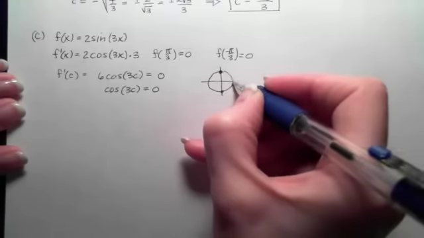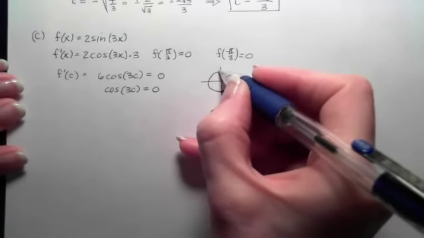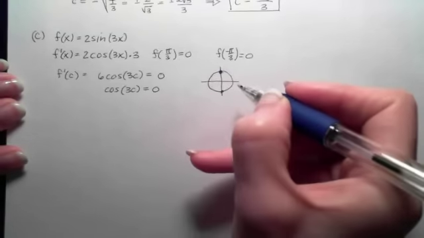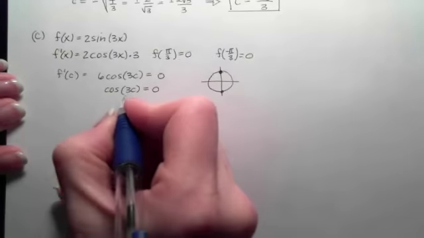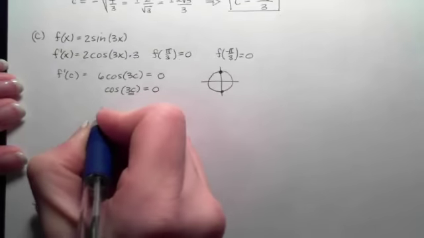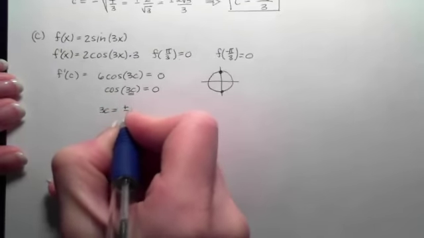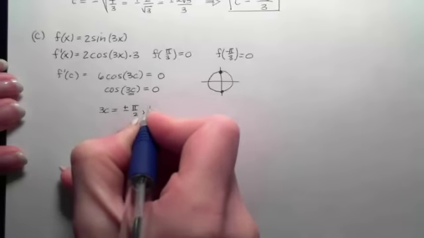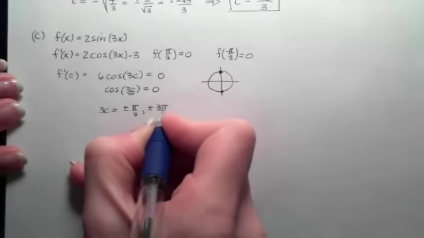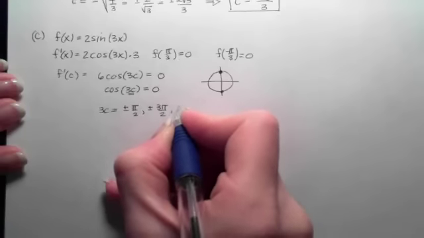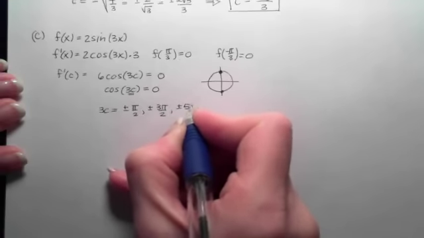Or I can go the other way and get negative pi over 2, negative 3 pi over 2, negative 5 pi over 2, etc. So we know as long as the inside of the cosine equals any of those values, then the cosine will end up being 0.